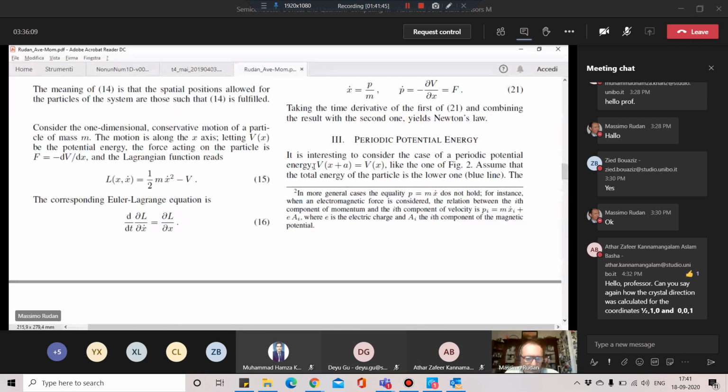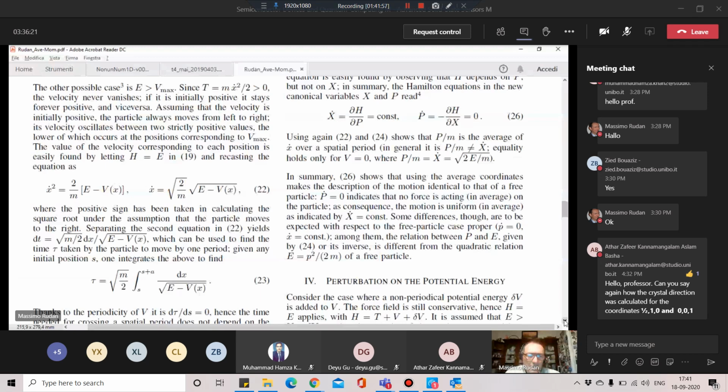And then we consider the green line, so that the total energy E is strictly larger than the maxima of the potential energy. You remember the kinetic energy is T, mass times the square of velocity divided by 2.